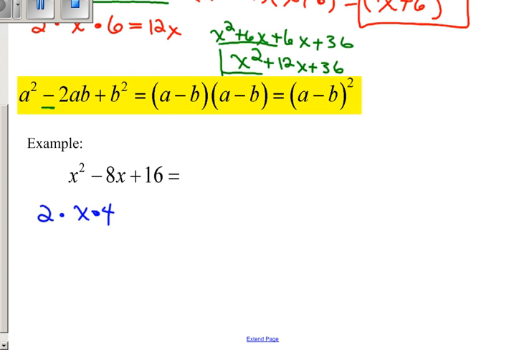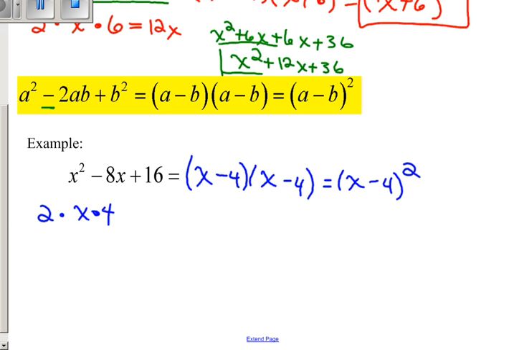Notice it is negative 8x, but that will go ahead and come out in my pattern. 2 times x times 4 is 8x, so that tells me my answer is x minus 4, x minus 4, yes, again, multiplied, and that's equal to x minus 4 quantity squared, and that's my answer.